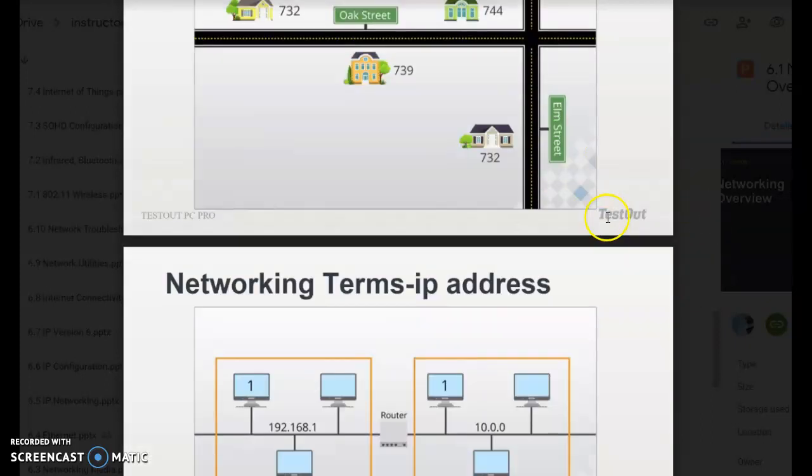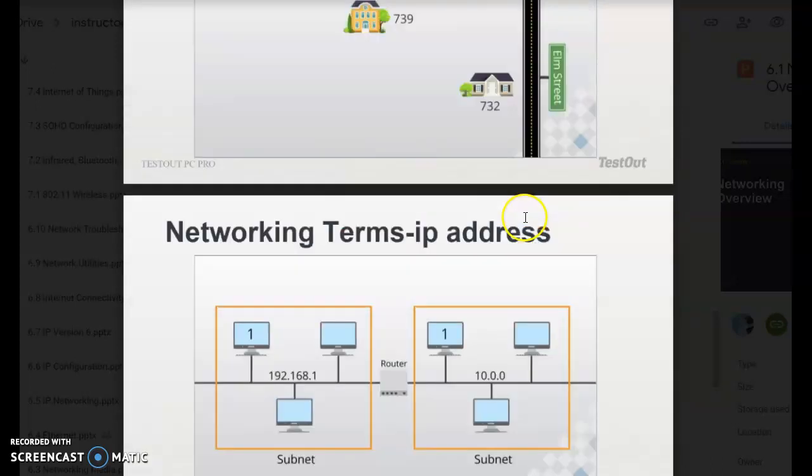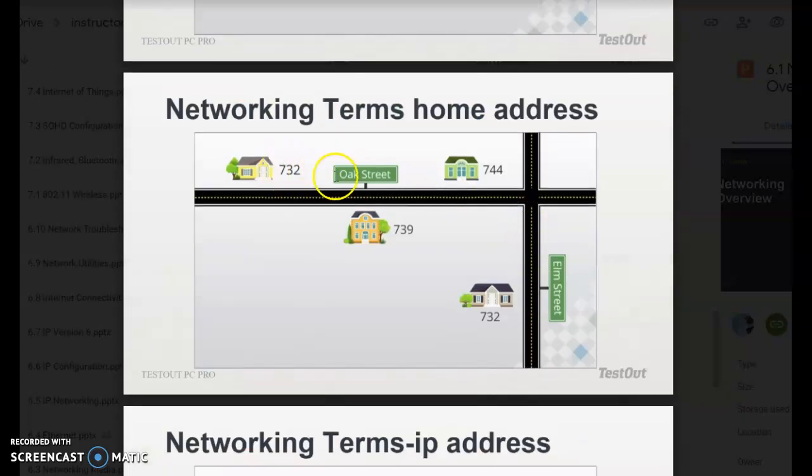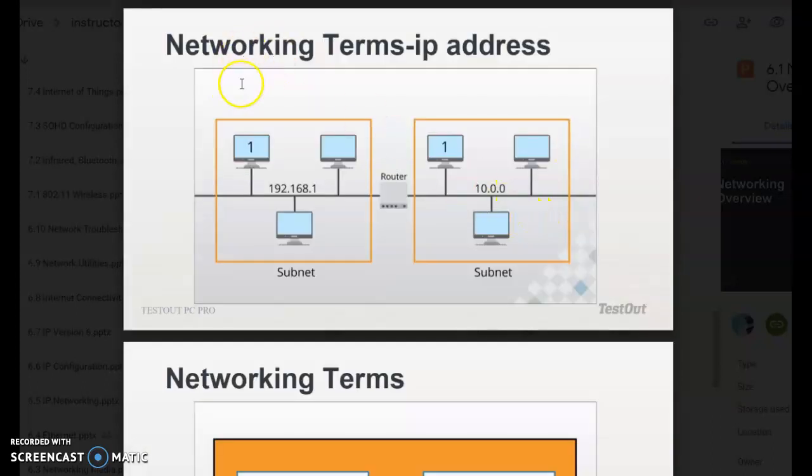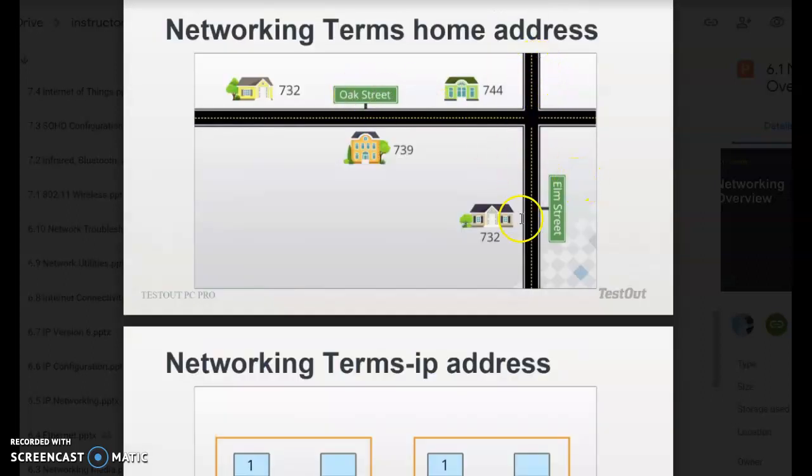Same with the analogy, you need the exact street and street address with the zip code, and the IP addresses need to have their own. If two IP addresses are not similar, they cannot reach each other, so they use a medium like a router to connect to each other. Same for this, you need a mailing service to transfer your information.